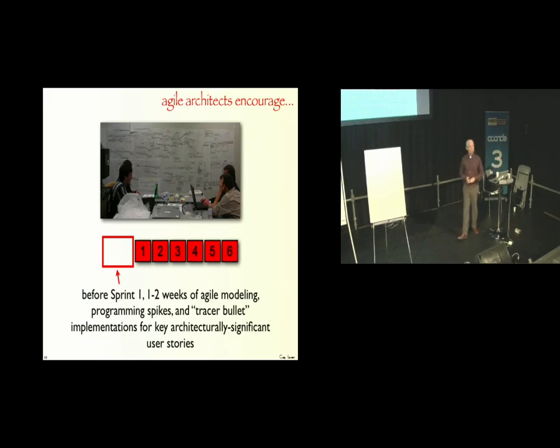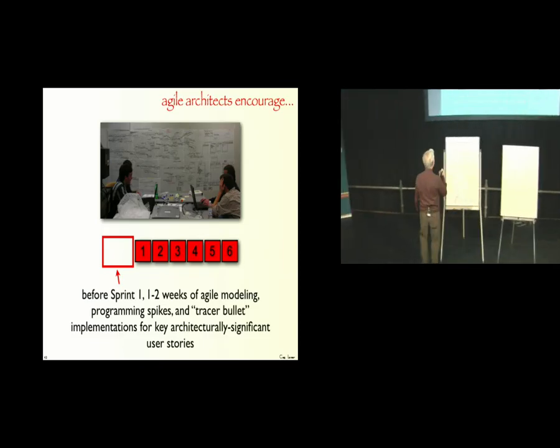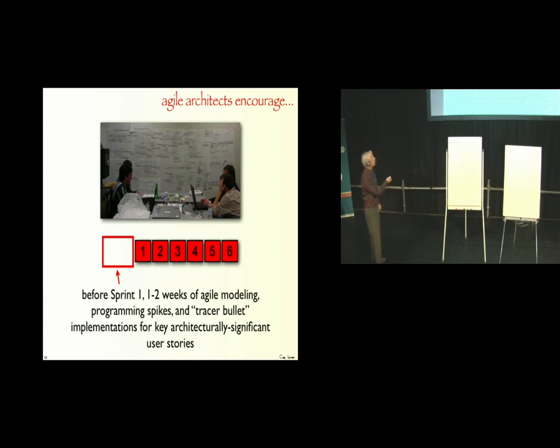Agile architects encourage for big product development, especially if it's release 1 in a greenfield product, we need to spend 1 to 2 weeks in a room at the whiteboards before sprint 1, before we start building the real thing in detail, in my opinion. We need to be spending 1 or 2 weeks doing lots of agile modeling, programming spikes, doing tracer bullet implementations for key architecturally significant user stories before we start sprint 1.